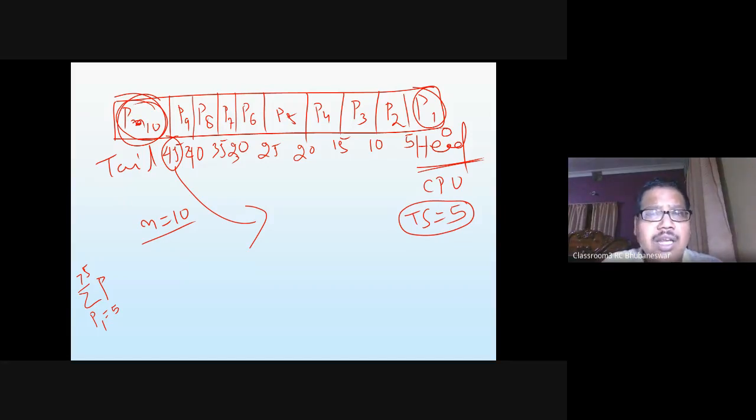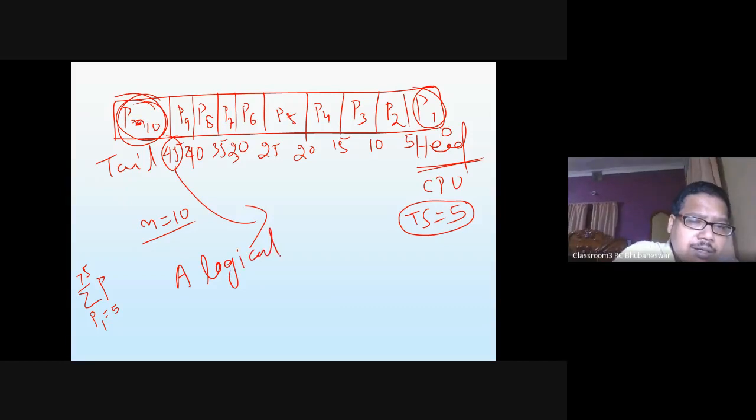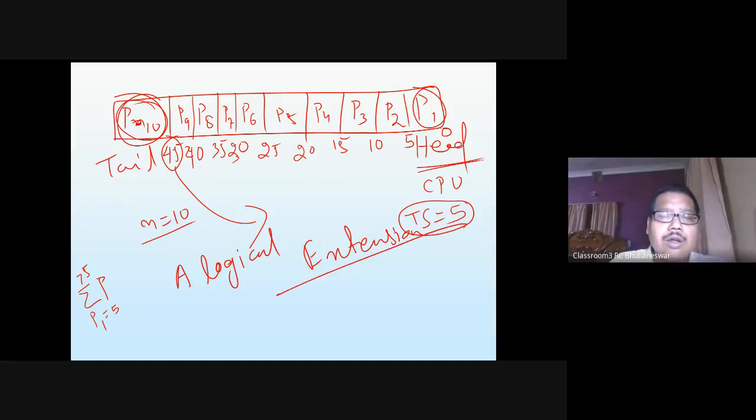That's why in almost all books, if you read, you will find a simple statement that says a time sharing system or multitasking system is always a logical extension.